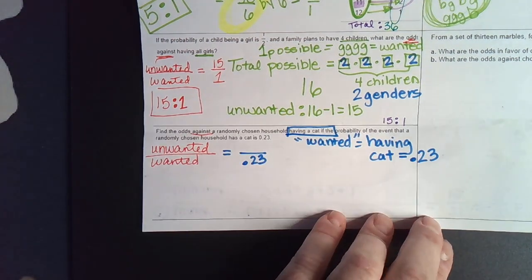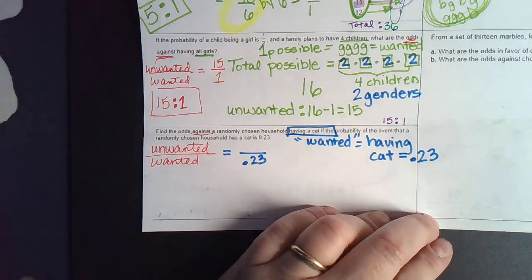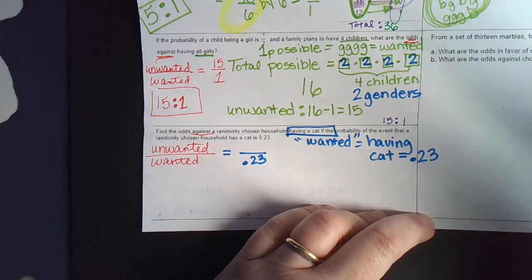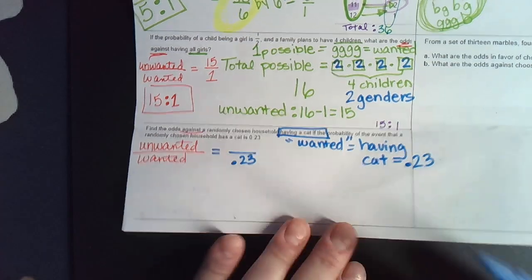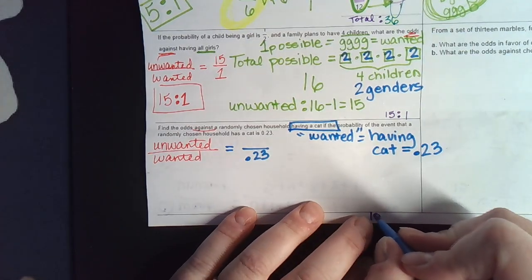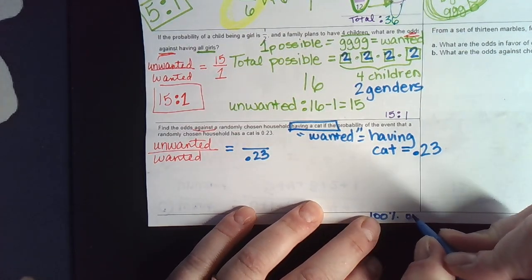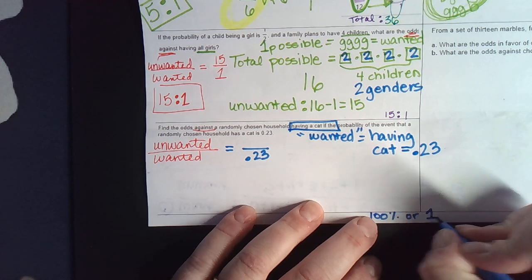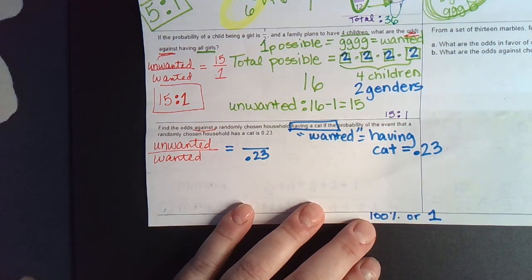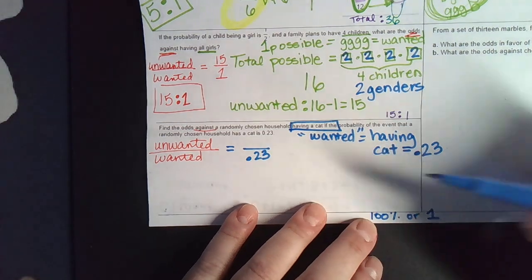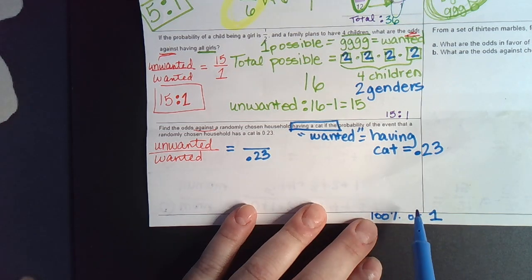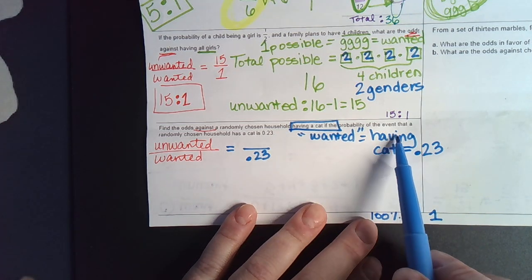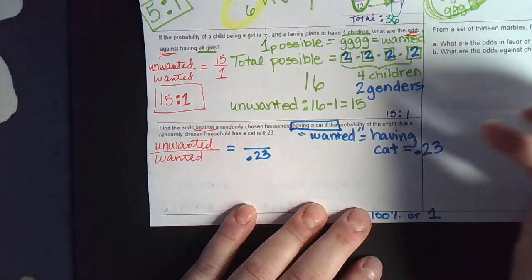Okay, well, let's think about this. What's the biggest probability you can have? Well, as a percentage, it's 100%. As a number with a decimal, it's the number 1. So the largest probability we could have is a 1. Well, I know having a cat is 0.23.